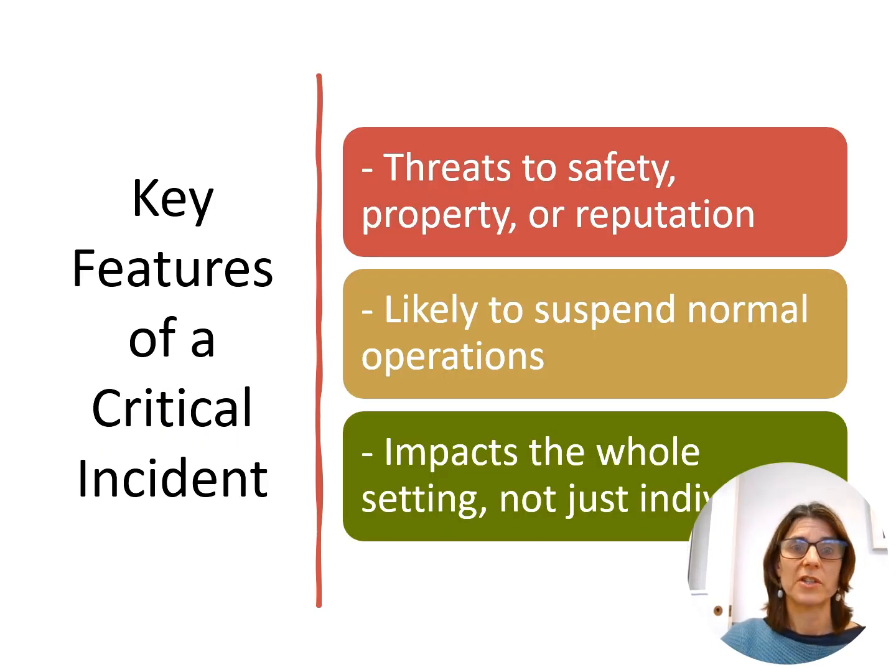There are certain features that make an incident a critical incident. The key features are threats to safety, property or reputation, something that's likely to suspend your normal operations, and something that impacts the whole setting and not just individuals.